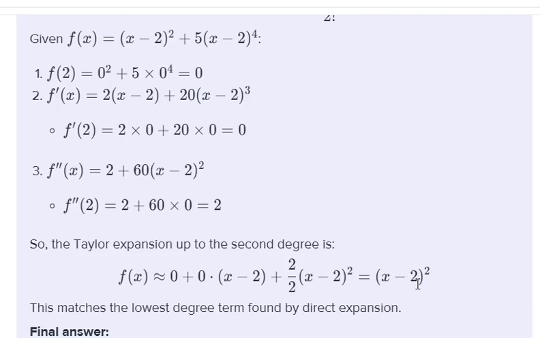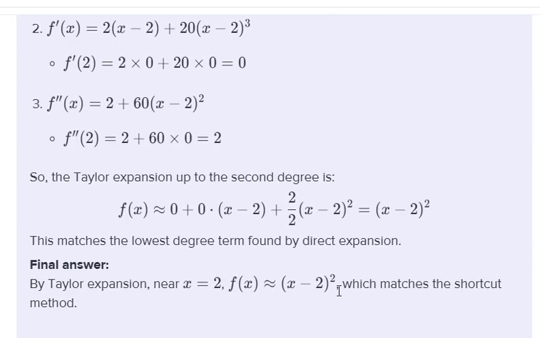This is how you get the same result, and using both the shortcut method and the Taylor series you get the same thing. This is how you can understand it. Okay, thank you.